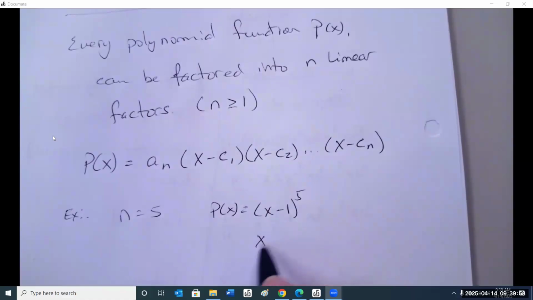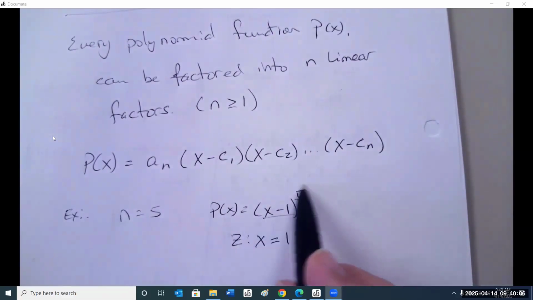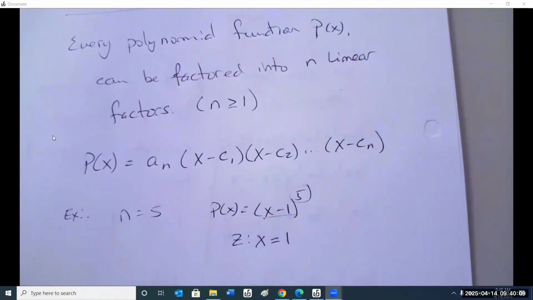So our zero is at x equals 1, 5 times. So even though it's a degree 5 polynomial, it still has to have at least one zero.